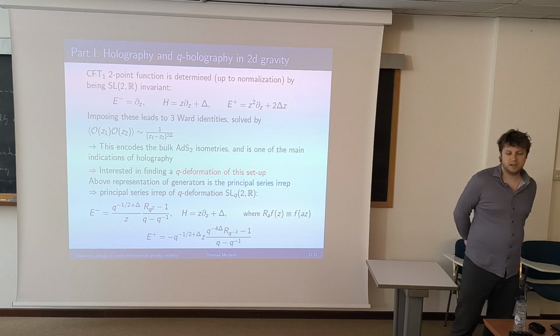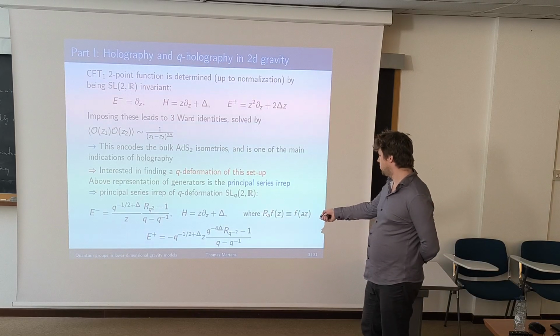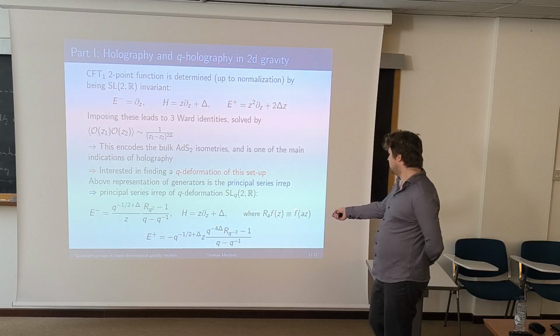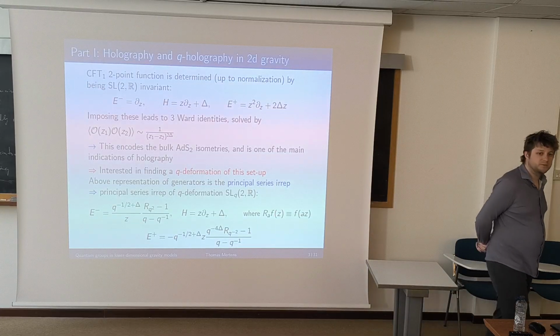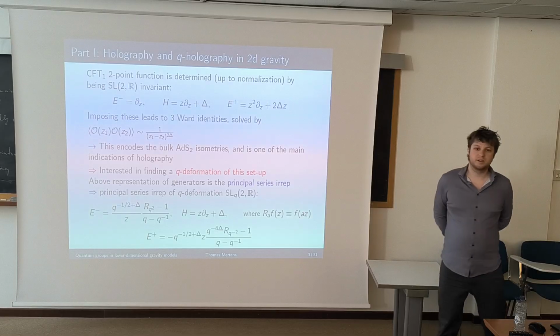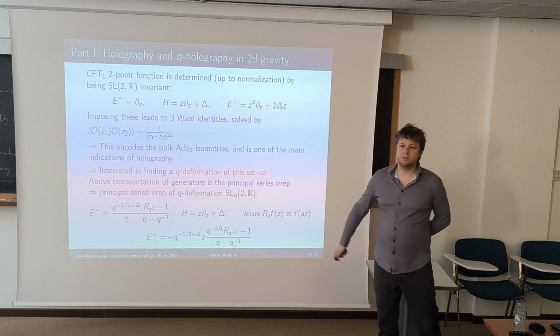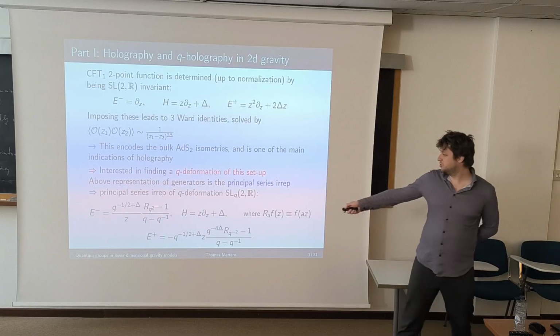They look more complicated. There's this function here, R Q squared. What R Q squared does is it scales a function: if it acts on a function, it changes the argument by the subscript times the argument. So you can see that this thing is like a discretized version of a first-order derivative.